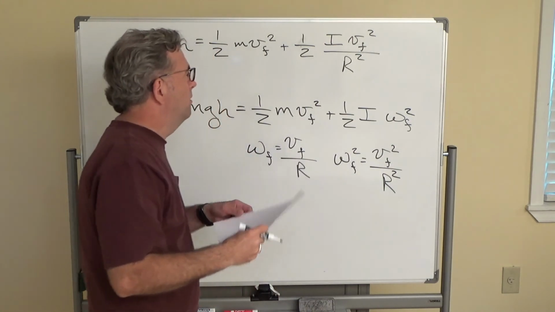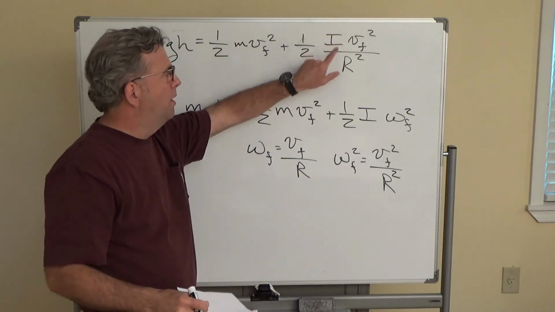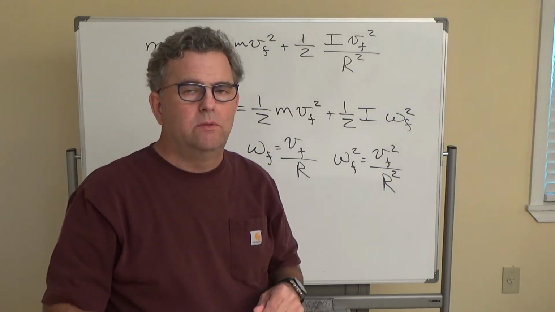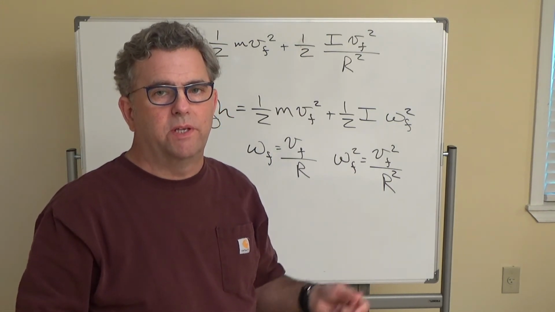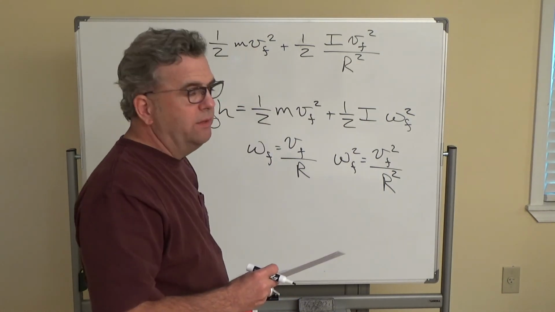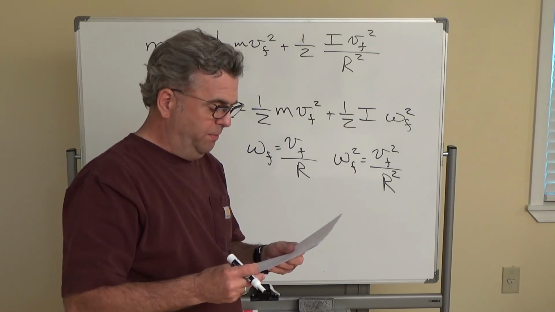And this would work if this were a disk or a hoop or whatever it is. In our special case, it's a disk. And you can make the substitution and solve this with energy. You have to do some algebra and find v final.